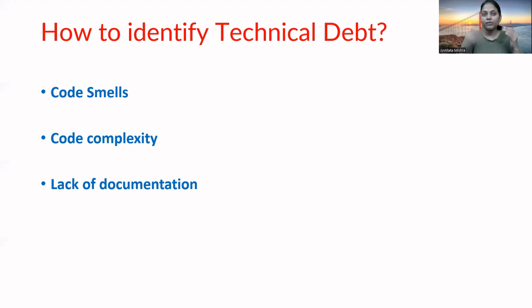So if the person is not able to understand what's going on, he might end up creating another class which already exists. But since I was not aware, because of the lack of documentation, I end up creating duplicate code. That's why nowadays you have a readme.md file, etc., in the code, wherein you write stuff down.